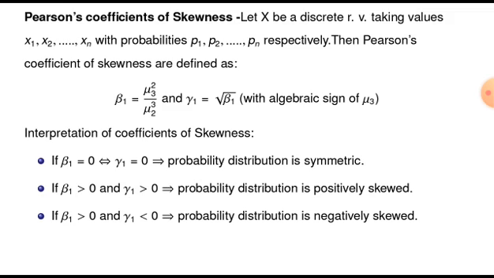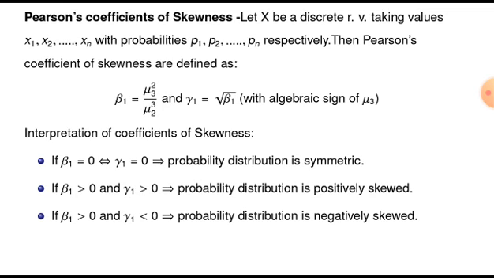That means its tail is more elongated along the positive x-axis. So probability increases suddenly and then decreases slowly.